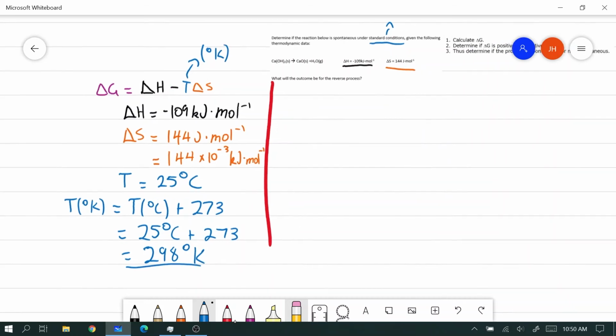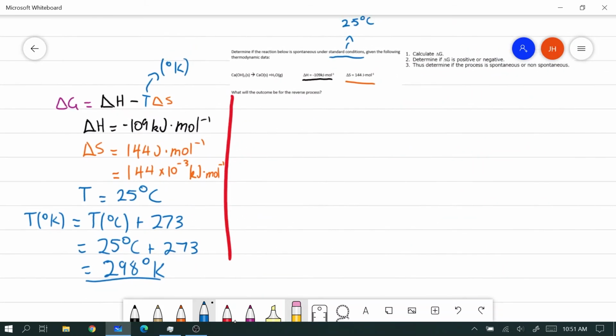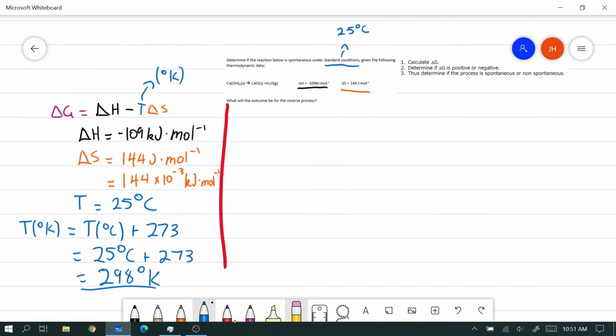So what we're going to be doing next is substituting all of the data that we have. So we're looking for delta G. We know that it is the enthalpy change minus our temperature times our delta S value, so 144 times 10 to the negative 3 kilojoules.